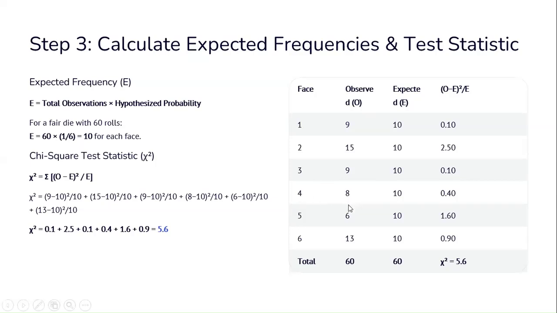Similarly, you carry this out for the rest of the three observations. It turns out to be 0.40, 1.60, 0.90. When you add this entire column, this gives you the chi-square statistic value, which comes out to be 5.6. So after substituting all values and adding the components, we obtain chi-square equal to 5.6.